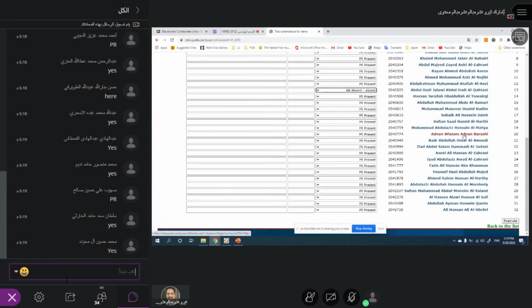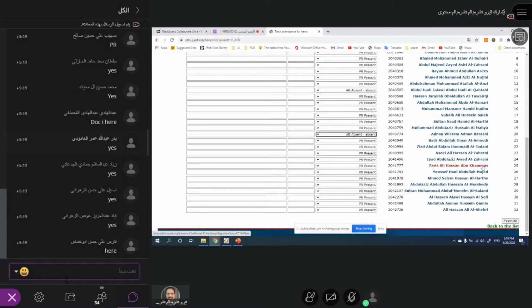Adnan Wissam Adnan Barashi. Adnan Wissam Adnan Barashi, absent. Badr Abdullah Omar Al-Lamaudi. Ziyad Abdul Salam Hamadi Al-Jadani. Asil Ali Hassan Al-Zarani. Iyad Abdulaziz Awad Al-Zarani.